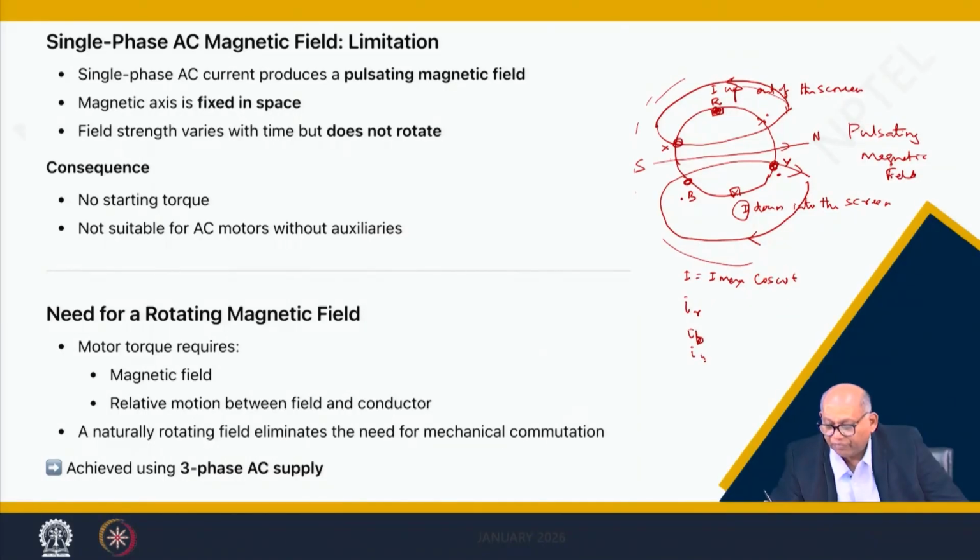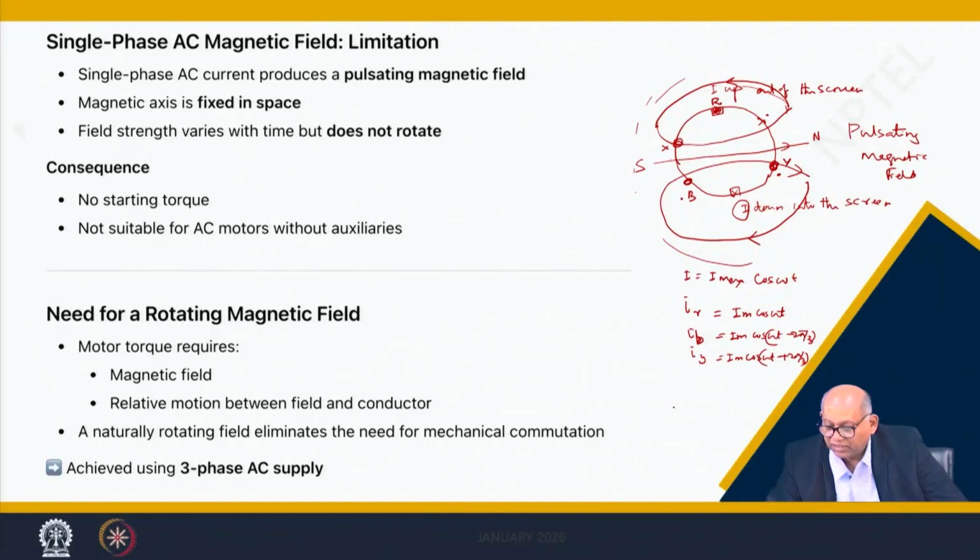So, these are 3-phase currents: IR is I max cos omega t, IY is I max cos omega t minus 2 pi by 3, that is the phase difference is 120 degrees, and IB is I m cos omega t plus 2 pi by 3.